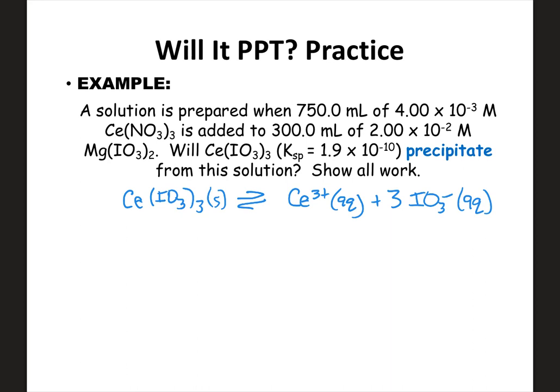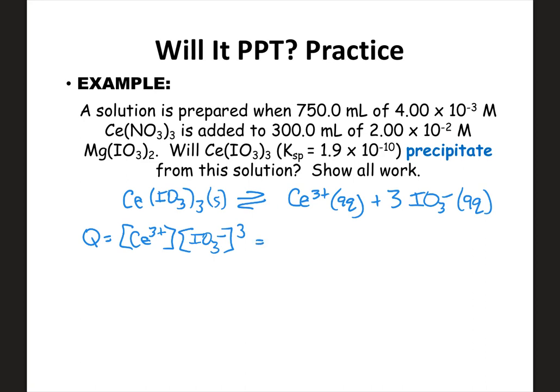So I can write the Q expression from this as being Q would be equal to here the concentration, remember products over reactants, so the Ce3 plus times the concentration of IO3 minus cubed according to the stoichiometry. And now what I can do is plug the concentrations of these ions that I found previously into my Q expression here.